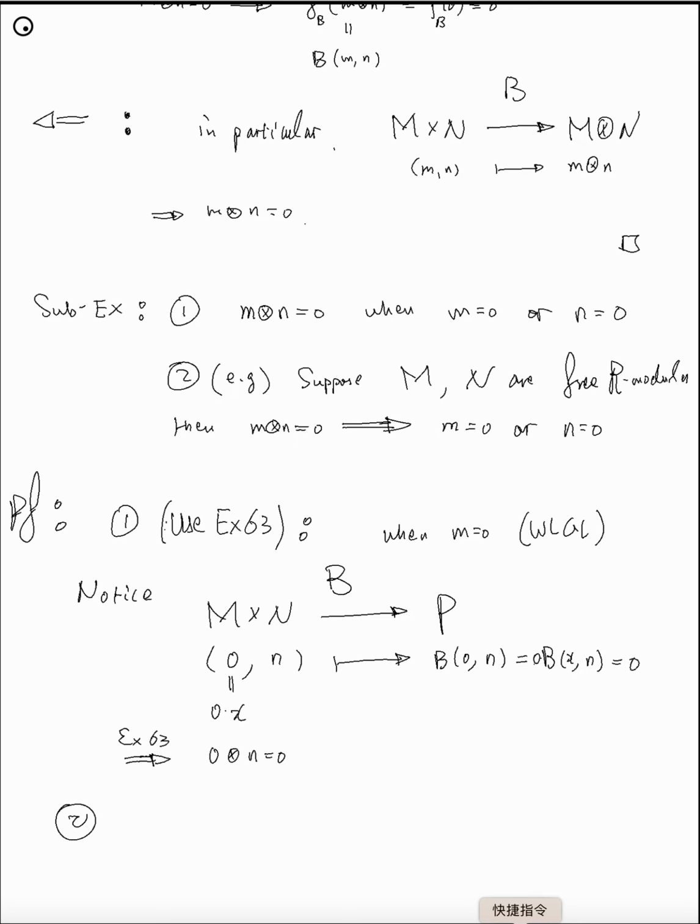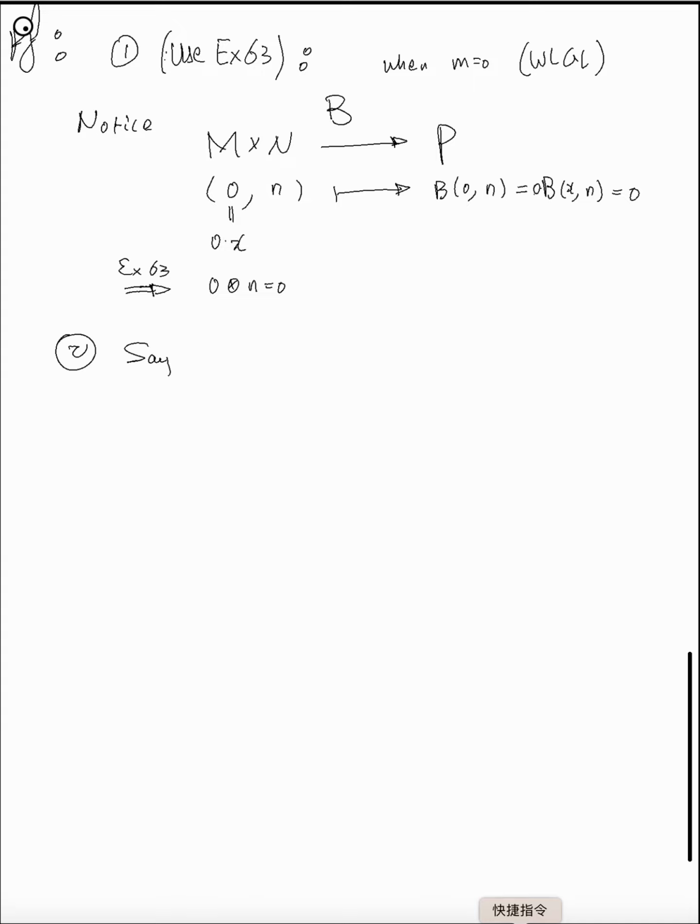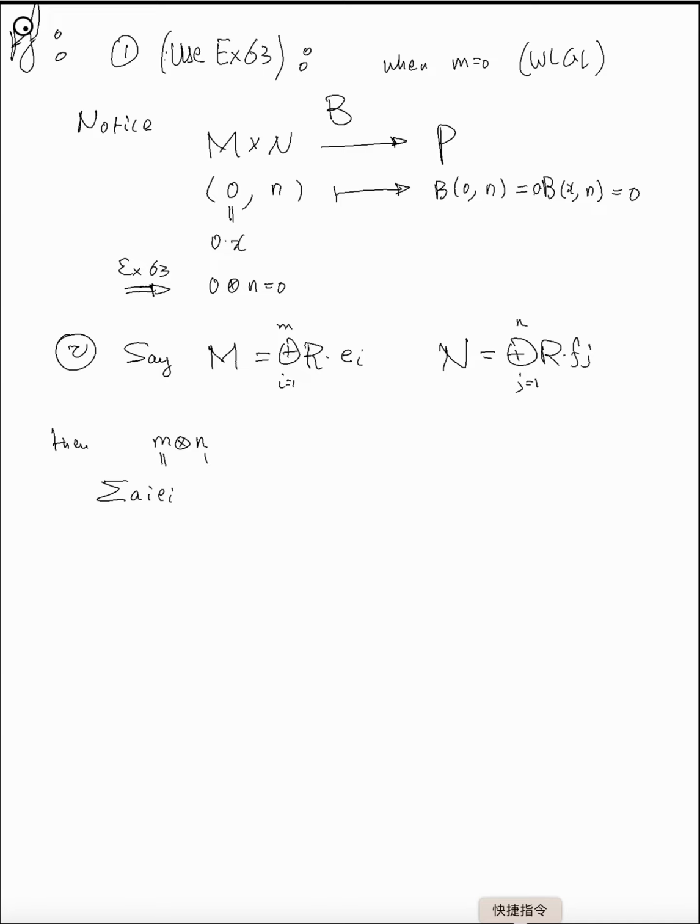Sub-exercise 2. So let's say M has a basis over R by e_i, i from 1 to s, and N has a basis f_j, j from 1 to t.